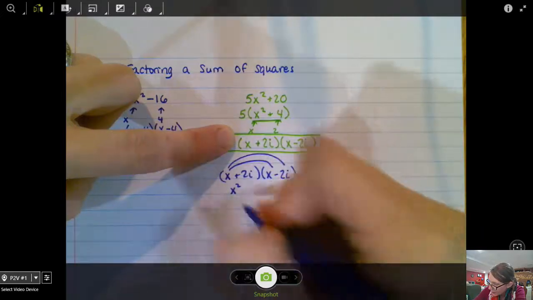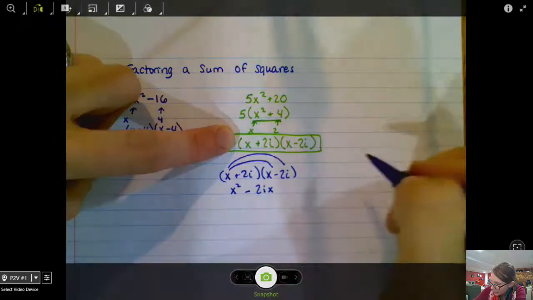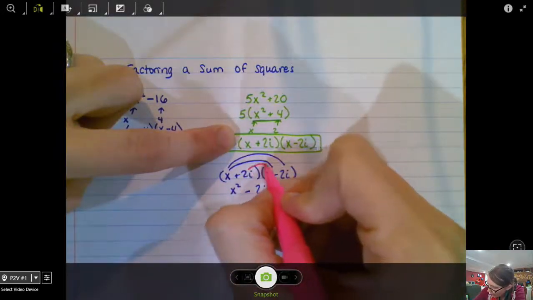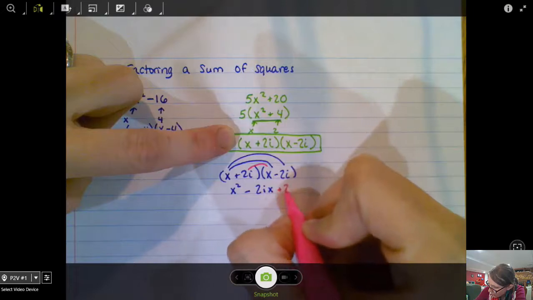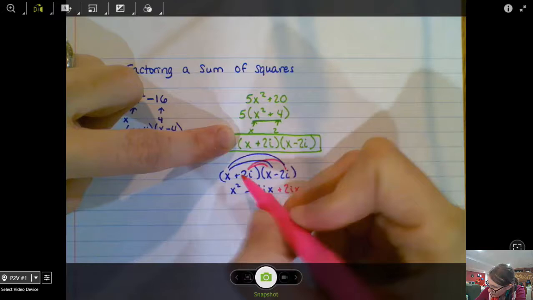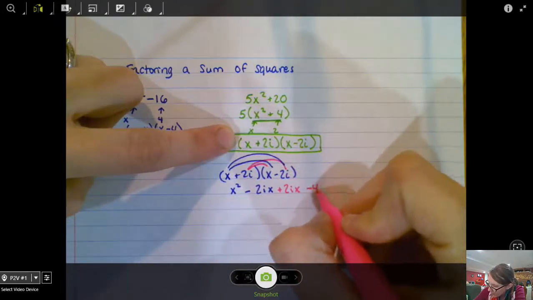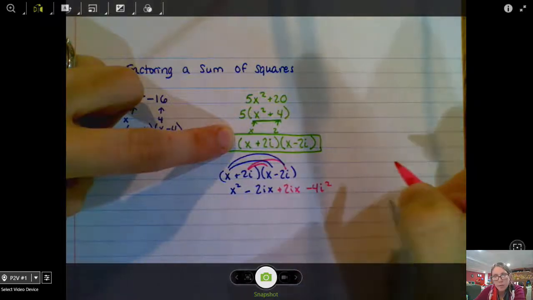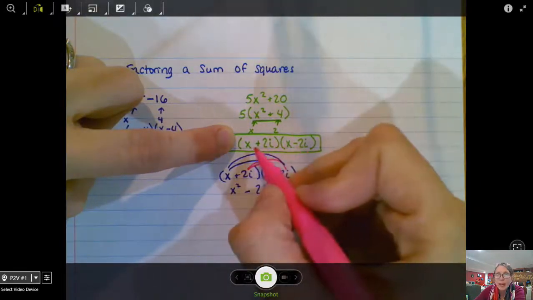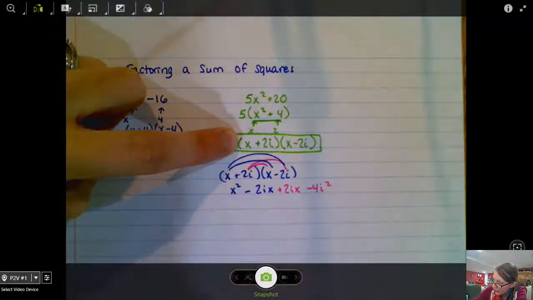Then my outside terms would be minus 2ix, and inside is plus 2ix. And 2i times negative 2i is negative 4i squared. So again, the fact that I have opposite signs in the middle here makes it so my middle terms cancel out.